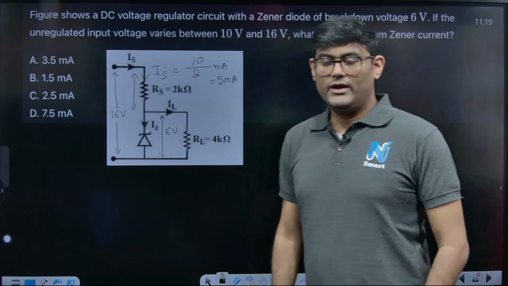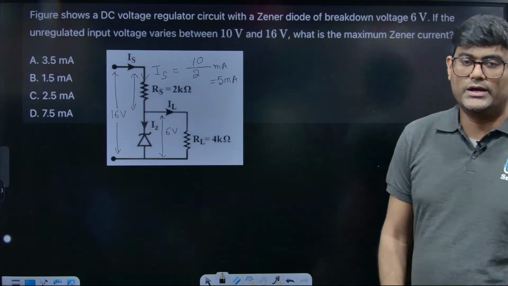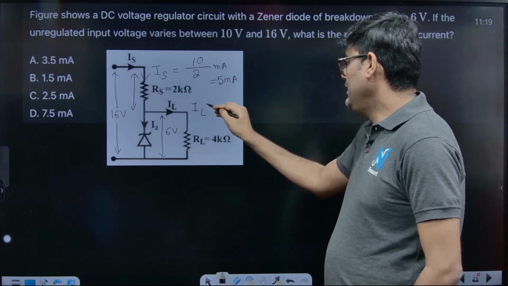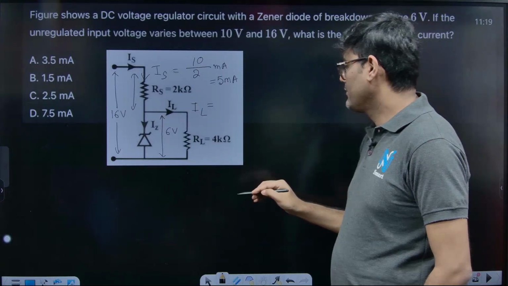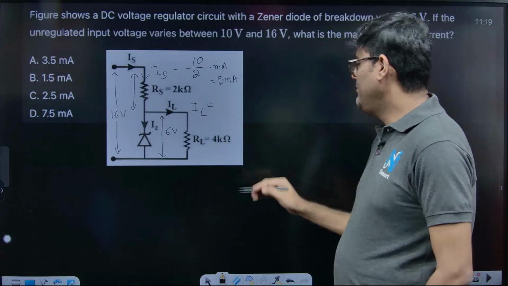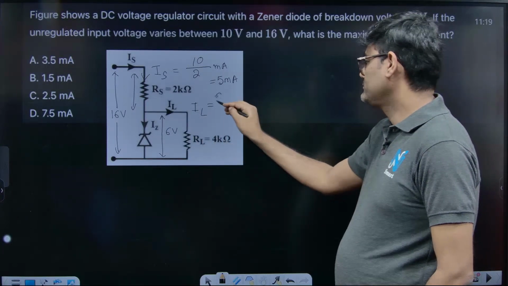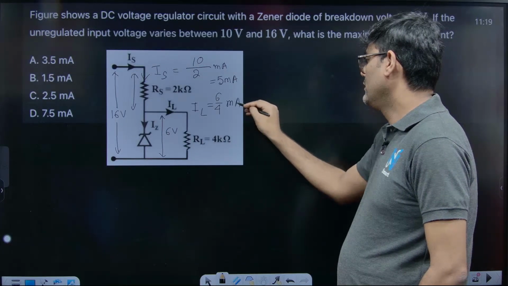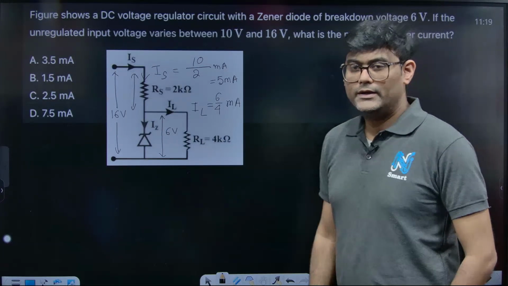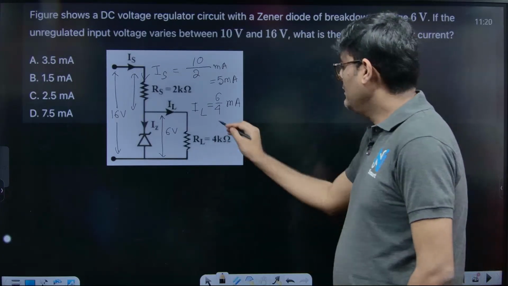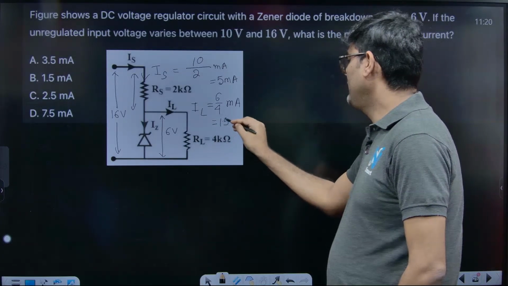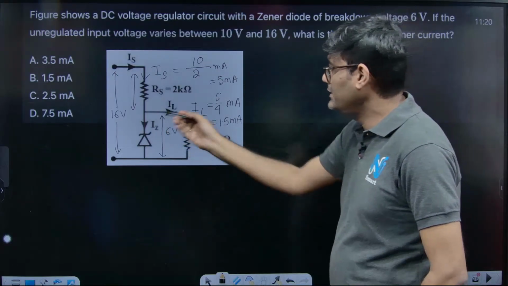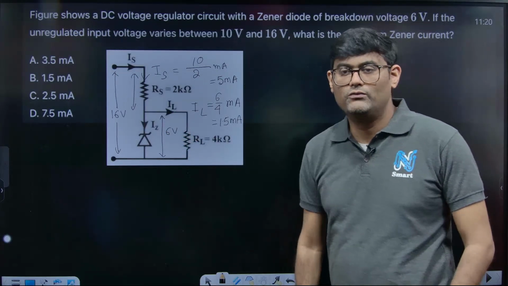Now you can also understand what is the load current IL mentioned in the question. IL is equal to 6 volt divided by 4 kilo ohm, 6 by 4 milliampere, right? So this is 1.5 milliampere. Then what is the rest of the current that the Zener diode will carry?